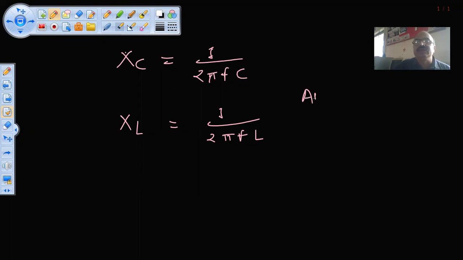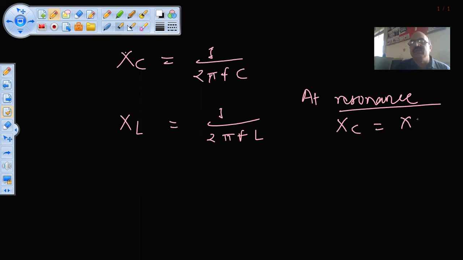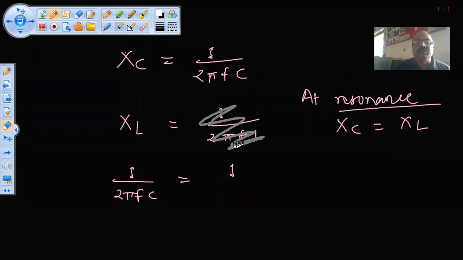Now, at resonance, Hartley oscillator मध्ये सुद्धा resonance तयार होतो. At resonance, Xc becomes equal to XL. म्हणजेच काय? 1 upon 2 pi Fc is equal to 2 pi FL. Sorry, XL is not 1 upon 2 pi, it is 2 pi FL.